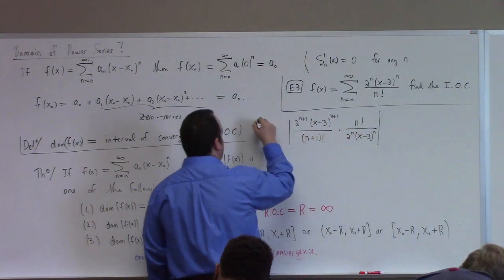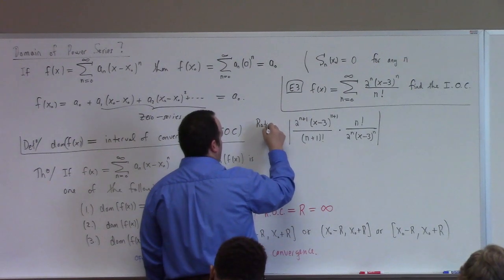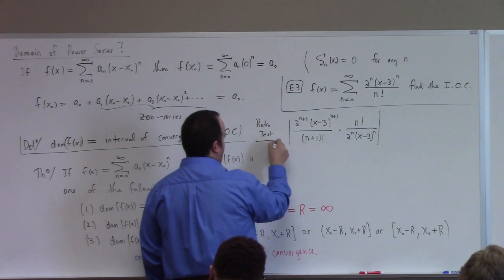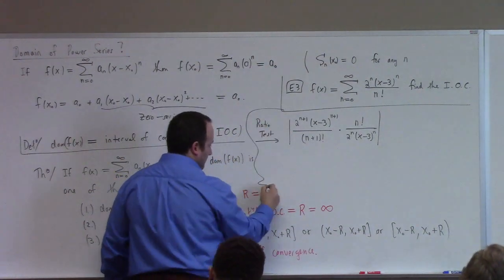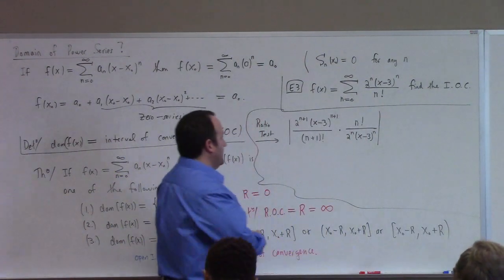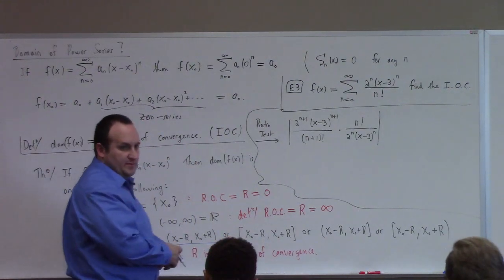So I'm thinking ratio test. Then how does that work? How does that simplify?